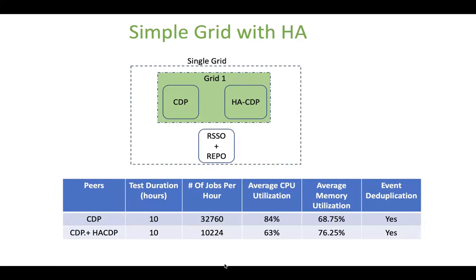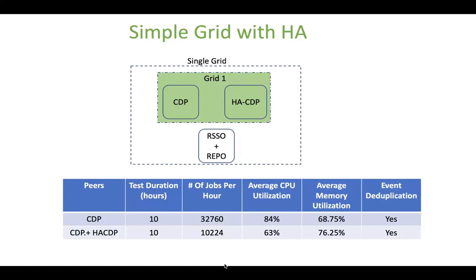The reason is that CDP and HACDP are both trying to communicate with each other, making sure that the job states are exchanged, and there's a lot of chatter going on between them. So there's a lot of CPU cycles spent communicating before a job progresses from pending to in progress and completed state, right?